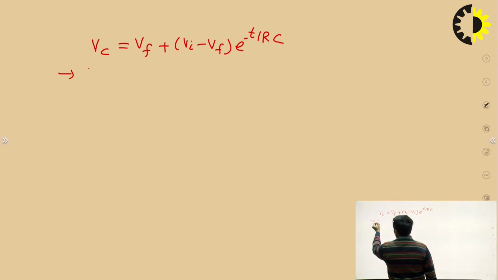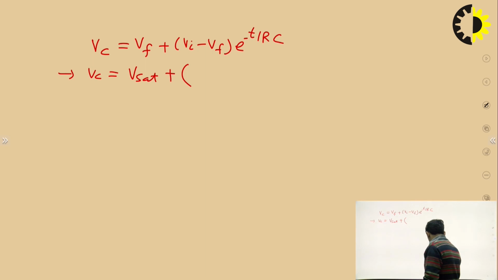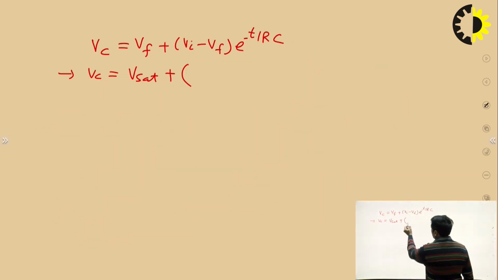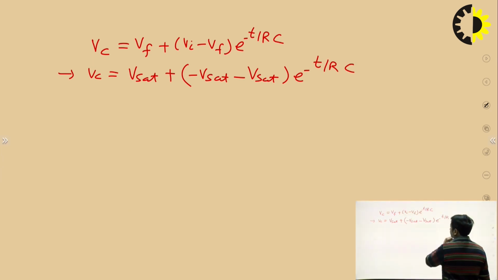Now the final value at the capacitor is V set, and the initial value of the capacitor voltage, as you can see from the waveform, is minus beta V set.